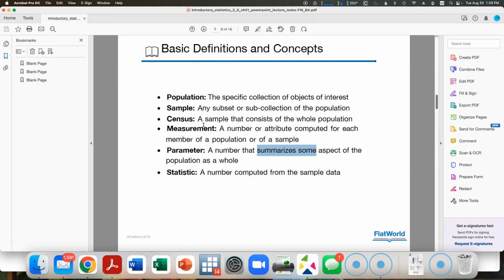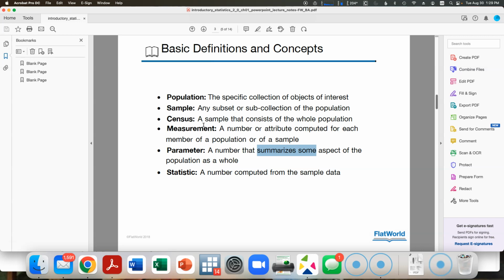But we could imagine there's some possible way to talk about, in terms of a parameter, the dollar value. So what we could do, instead of looking at the population as a whole of all the vehicles, is take a sample. Let's say we take 500 cars from that population. That's going to be our sample.